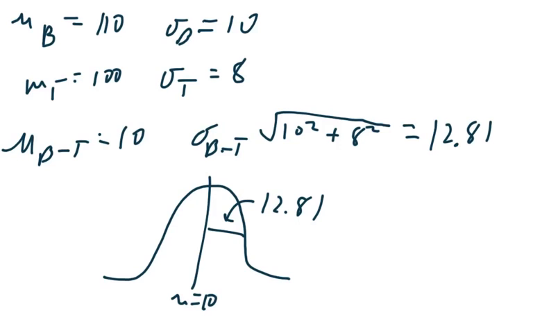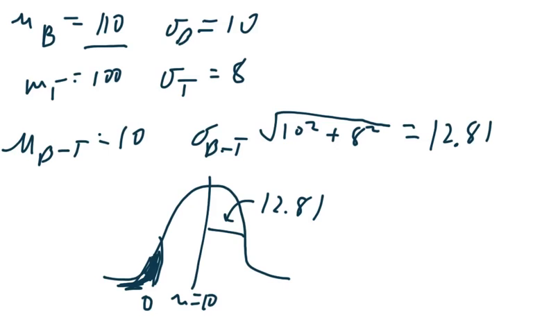So in this, we're trying to figure out that Bob scores lower than Tom. So normally Bob scores higher than Tom. So over here is 0. And so I'm looking for where Bob minus Tom is negative. So I'm looking for anything lower than 0.